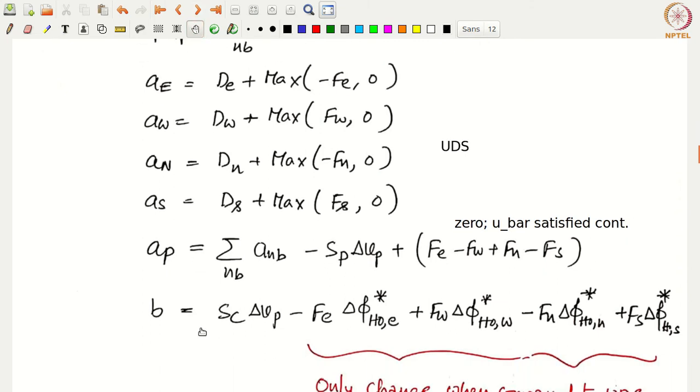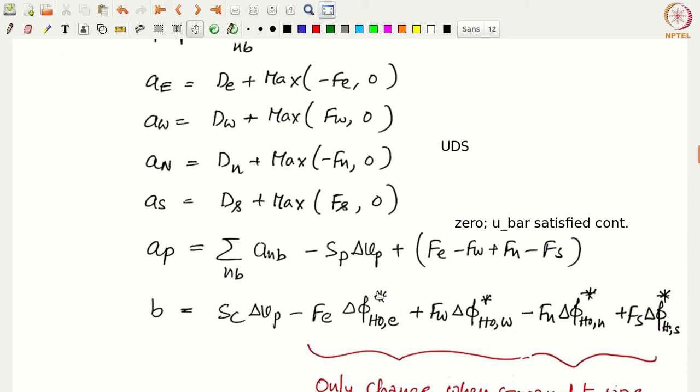The B term now contains S_C times delta V_P, and then, if F_e is positive, you would get a minus F_e times delta phi higher order term evaluated at the star value, right? Delta here is because we have phi higher order minus phi upwind, and this is evaluated on the east face, and everything is evaluated at the star value.